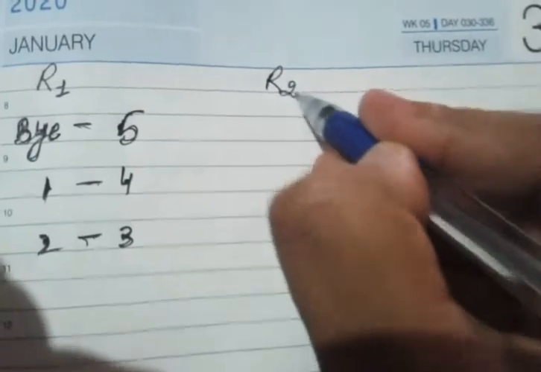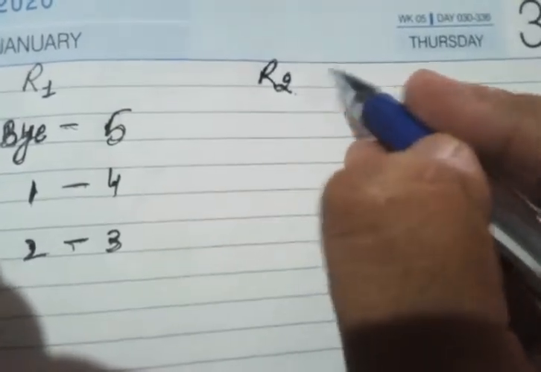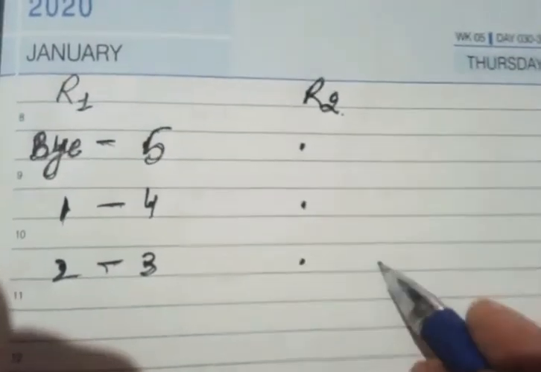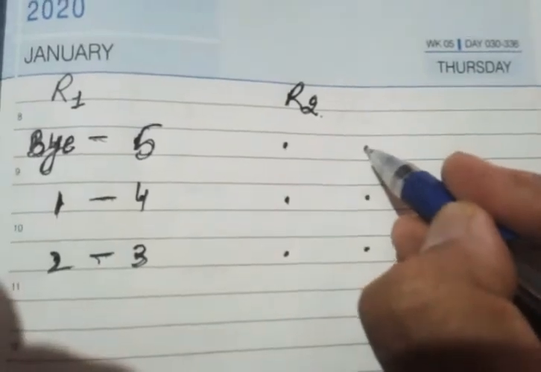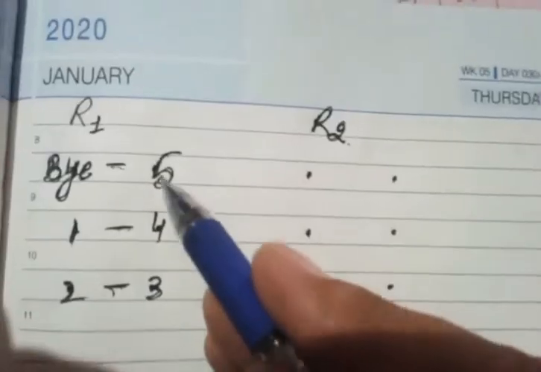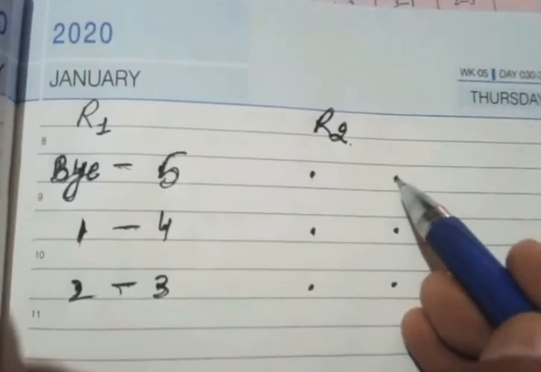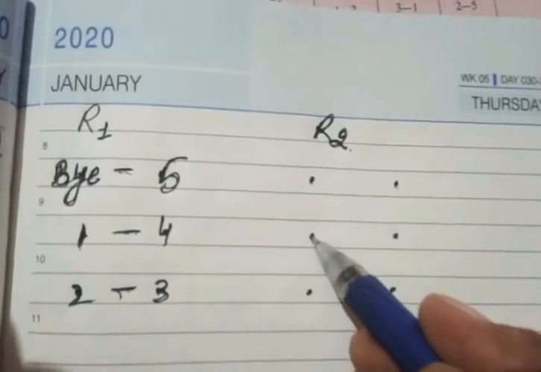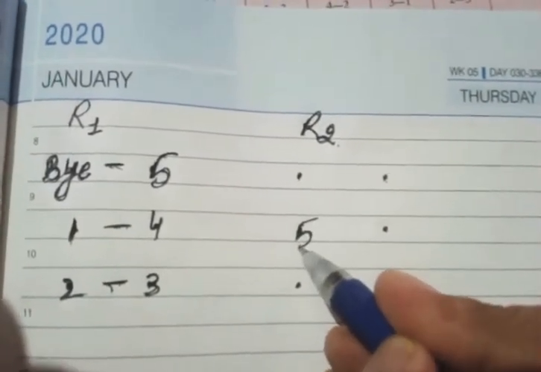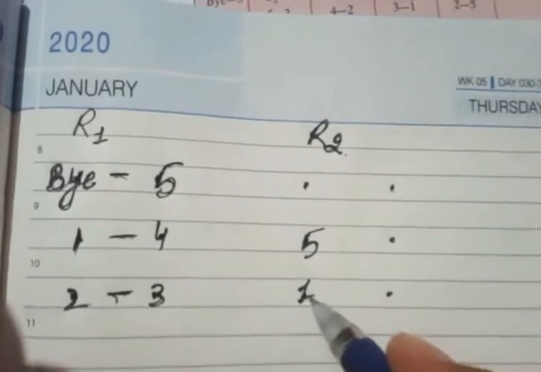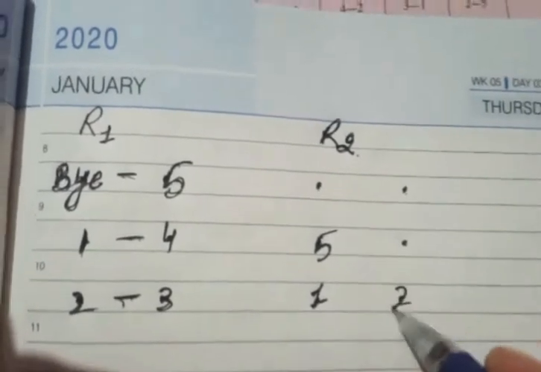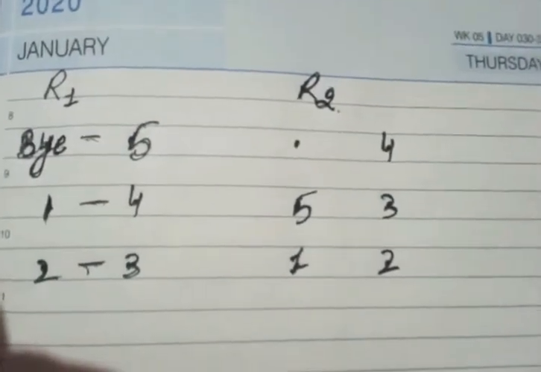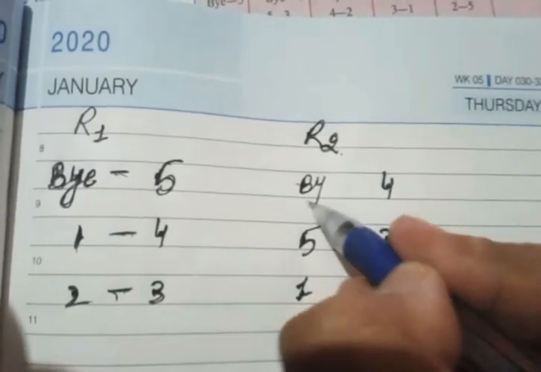Now for round 2, the bye will be kept at the same place again, but the position of the rest of the teams gets changed by one step in anti-clockwise direction, like this.